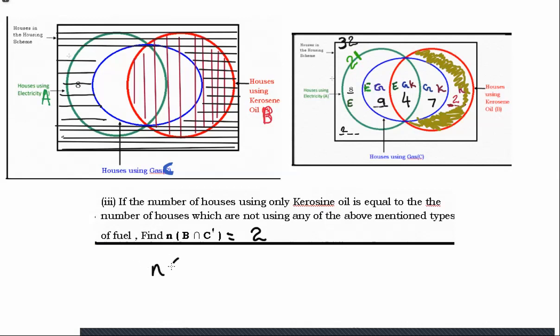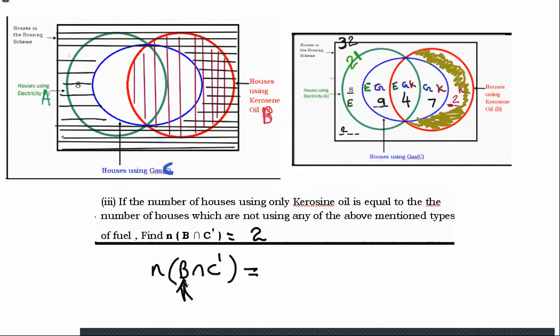What is it when they say number of elements in B intersection C complement? What does this mean? What does B mean? Sorry, B is for kerosene. So what does B mean?